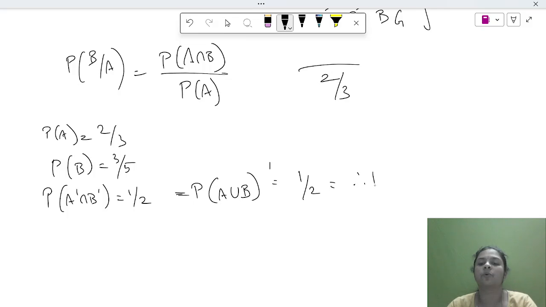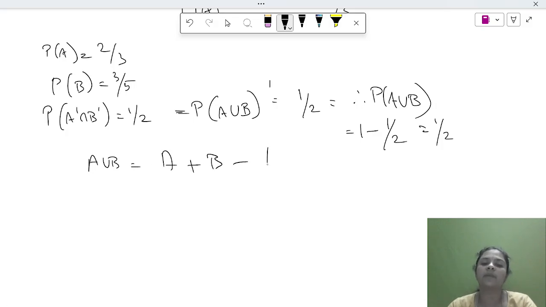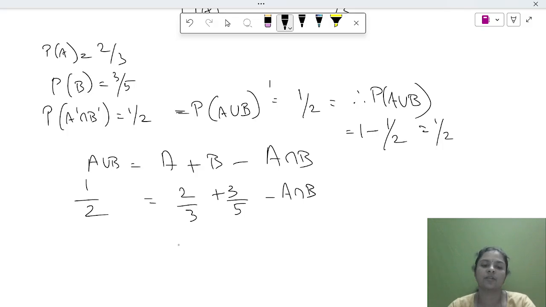So therefore P of A union B will be 1 minus 1 by 2, which is 1 by 2 again. So A union B formula we know, P of A plus P of B minus P of A intersection B. So we can write 1 by 2 is equal to 2 by 3 plus 3 by 5 minus P of A intersection B. So find out P of A intersection B.